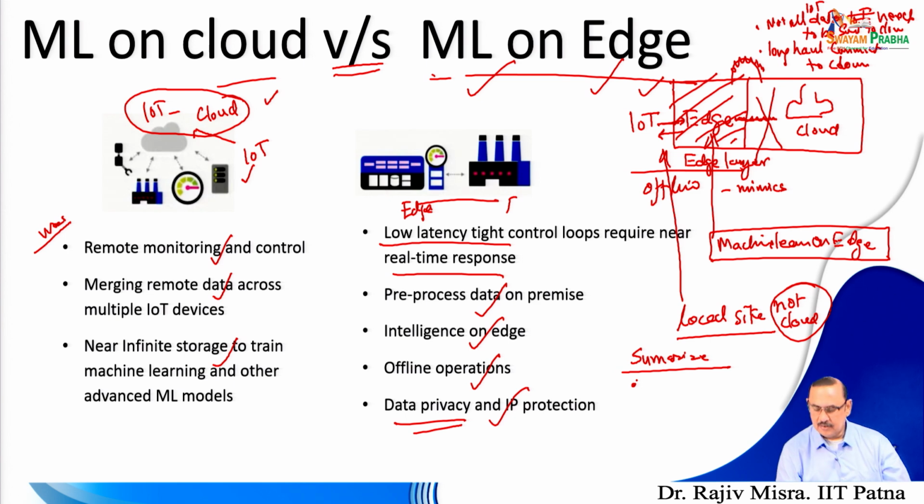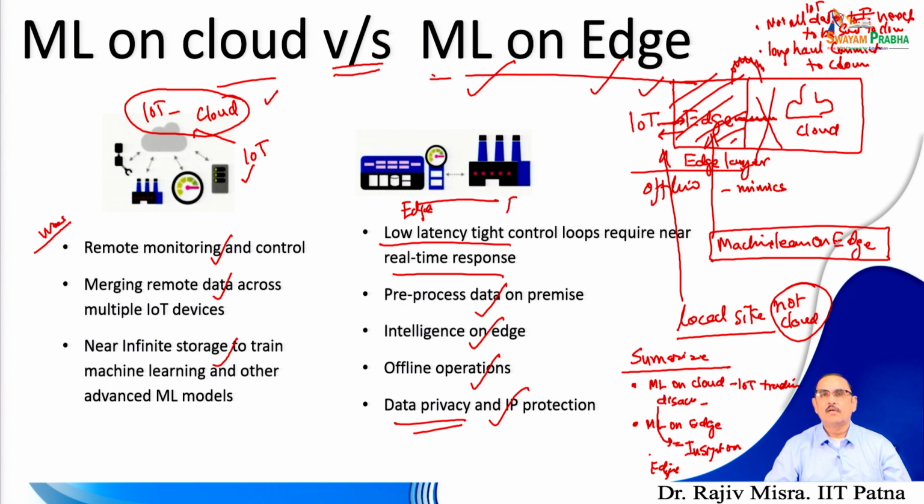What we have covered is that machine learning on the cloud in the traditional IoT system has a lot of disadvantages, thereby giving a way to perform the machine learning on the edge, which turns all the disadvantages into advantages, and you can perform the inferencing or insight computation on the edge in real time, besides all the other advantages which we have seen.